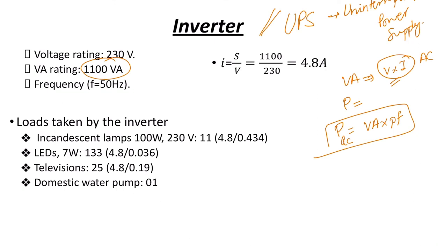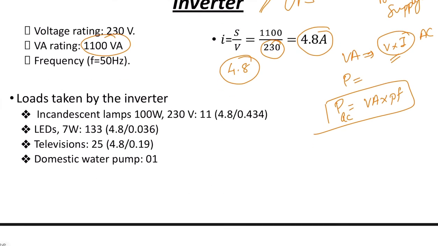So if you have an inverter of 1100 VA, and if you run it at 230 volts, you get a current of 4.8 amperes. So what are the different equipment that you can run on the inverter or the UPS? You can run incandescent lamps of 100 watts, 11 of them.